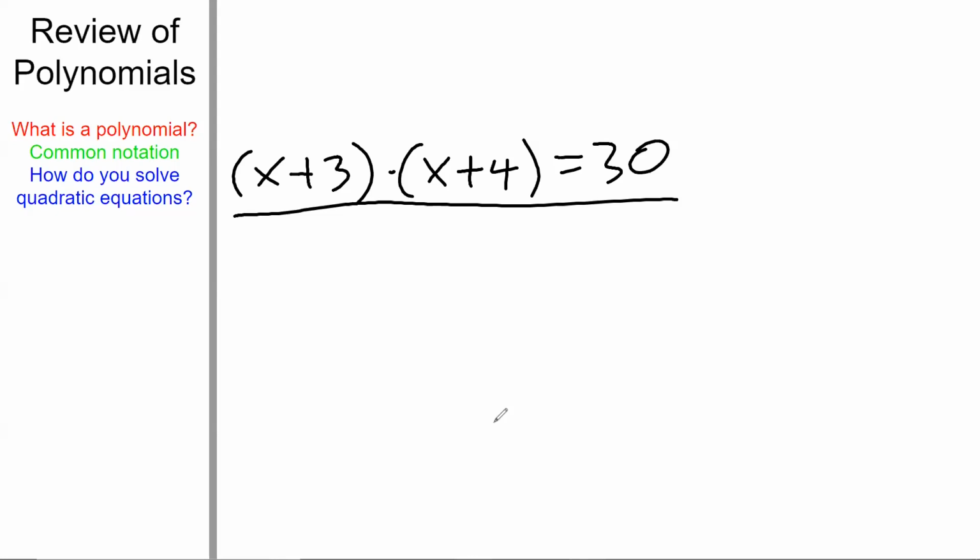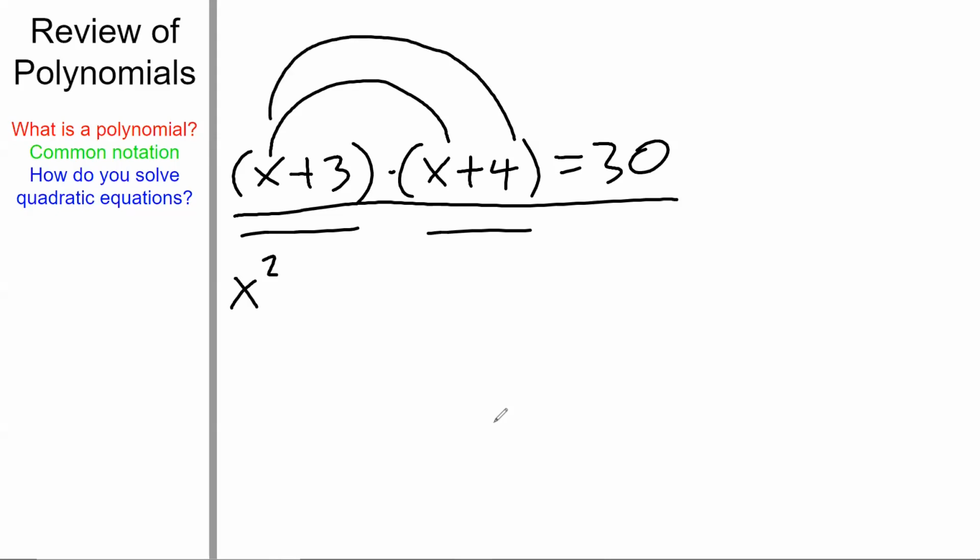When you have two things in parentheses multiplied together and you want to expand it, you would have to multiply every single pair of terms together, which means that you would multiply x and x one time to give x squared, x and 4 one time to give 4x, 3 and x one time to give 3x, and 3 and 4 one time to give 12.